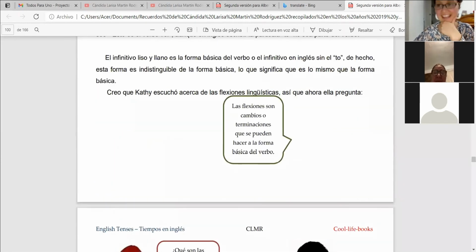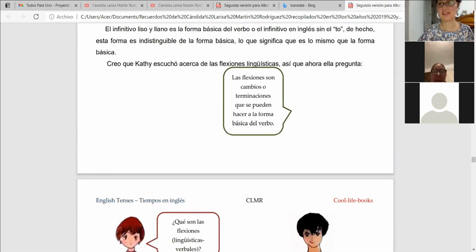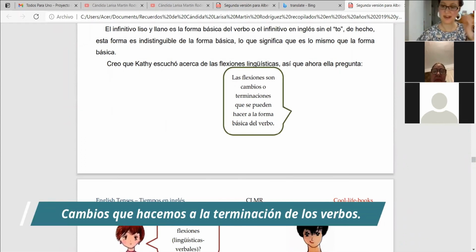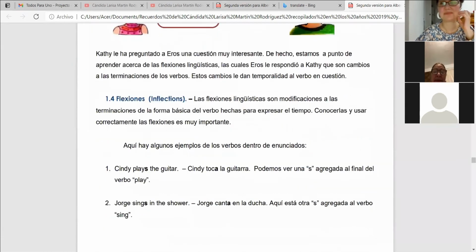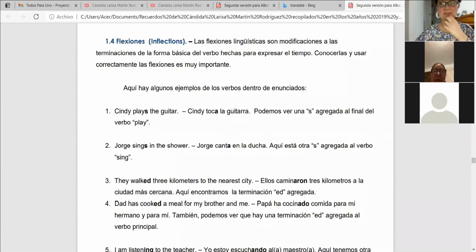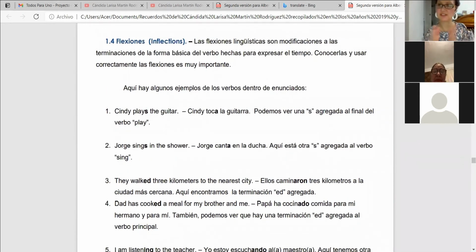Inflections are modifications to the endings of the verbs. They are changes we do to the ending of the verbs. So we have, for example, when we talk about the present, we need to add an S at the end of the verb when we are talking in the third person singular.